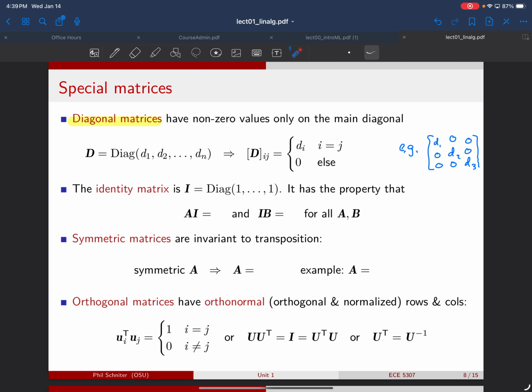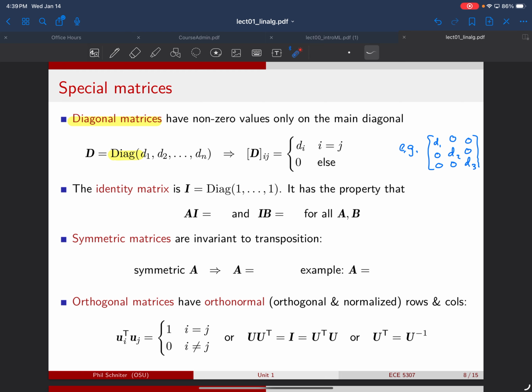So this is a case statement here that is often a convenient way to describe expressions where you have different cases. And in this class, I'm going to use this capital D diag. If you take the diag of that scalar sequence, it basically puts that on the diagonal of a matrix.